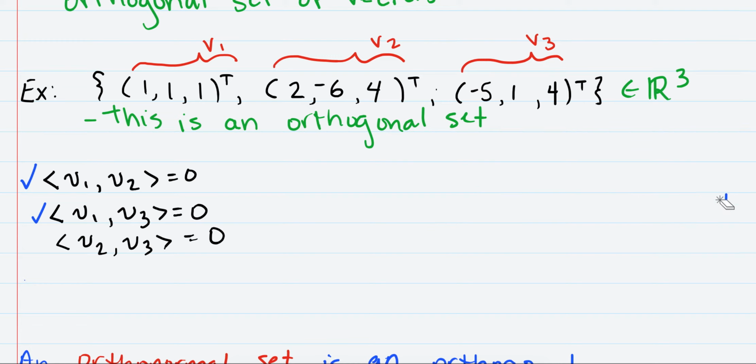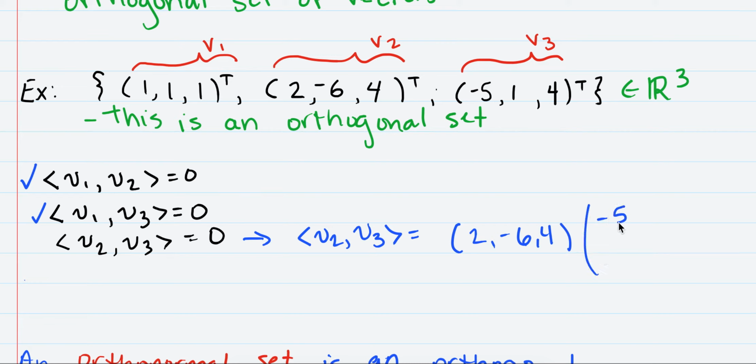Now let's check the last one. The inner product of V2 with V3 is 2, negative 6, 4 with negative 5, 1, 4, and that is negative 10 minus 6 plus 16, that is also 0. So you see that we have an orthogonal set of vectors.